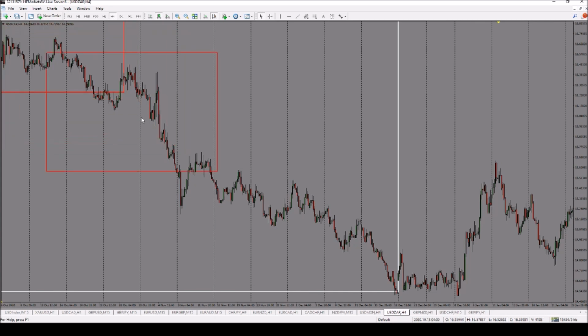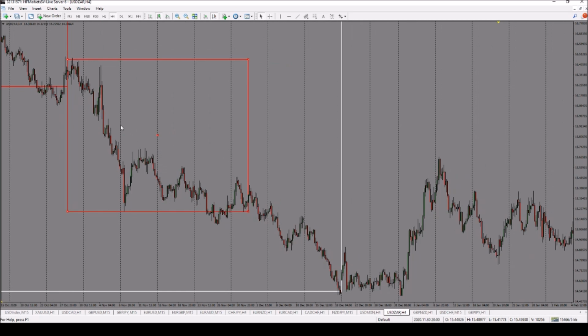Then the second wave actually started from this point, and all this was also consolidation as well. As you can see, we had a drop or a wave, and we had consolidation, and then we had the last wave, meaning that this daily wave was actually complete.